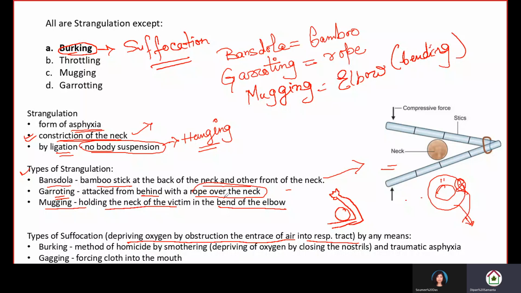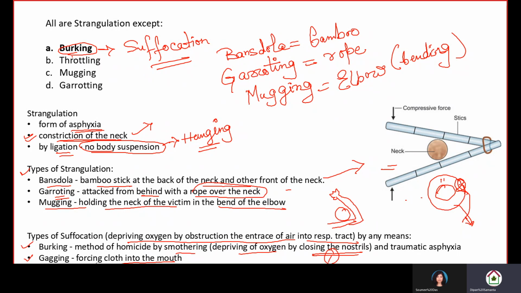If it is by smothering, like depriving of oxygen by closing the nostril, number one, that is barking. If forcing cloth into the mouth, that is gagging. Obstruction of the air passage between the pharynx and tracheal bifurcation is choking. That's why we call it food chokes.